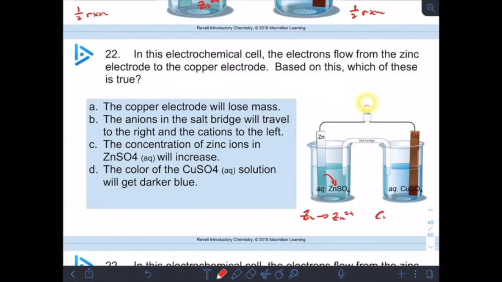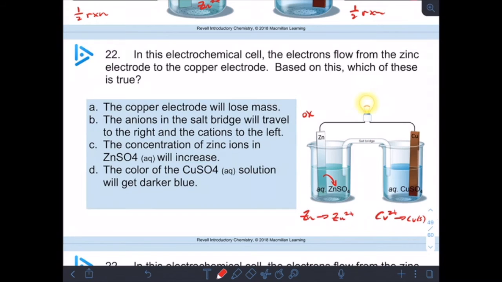On the right-hand side, copper 2+ becoming copper solid is a reduction. Oxidation on the left, reduction on the right. Let's take a look at our answers here. The copper electrode will lose mass. That's not true.